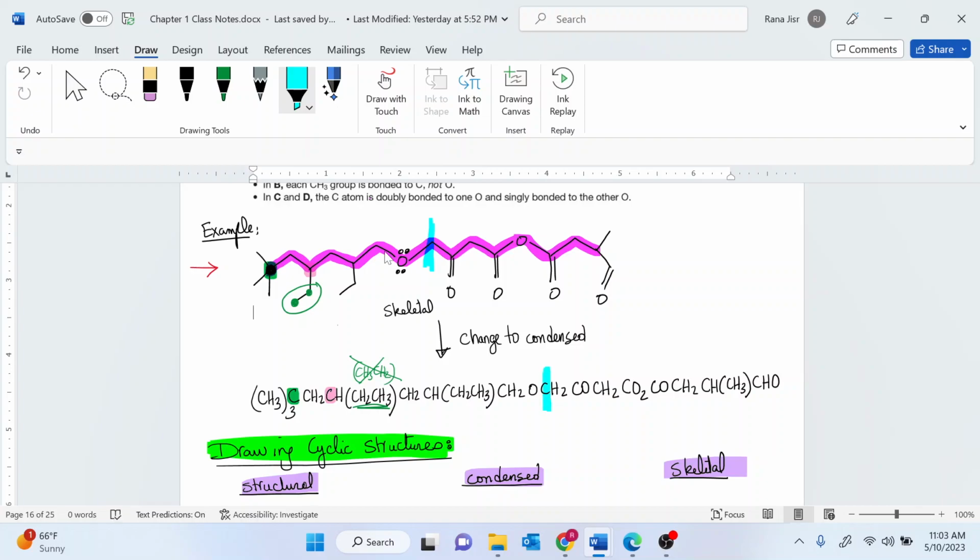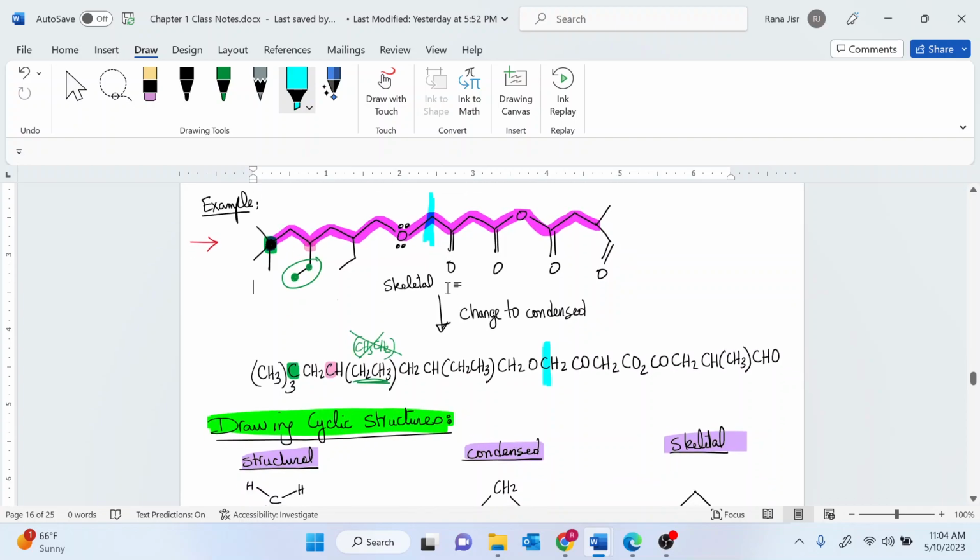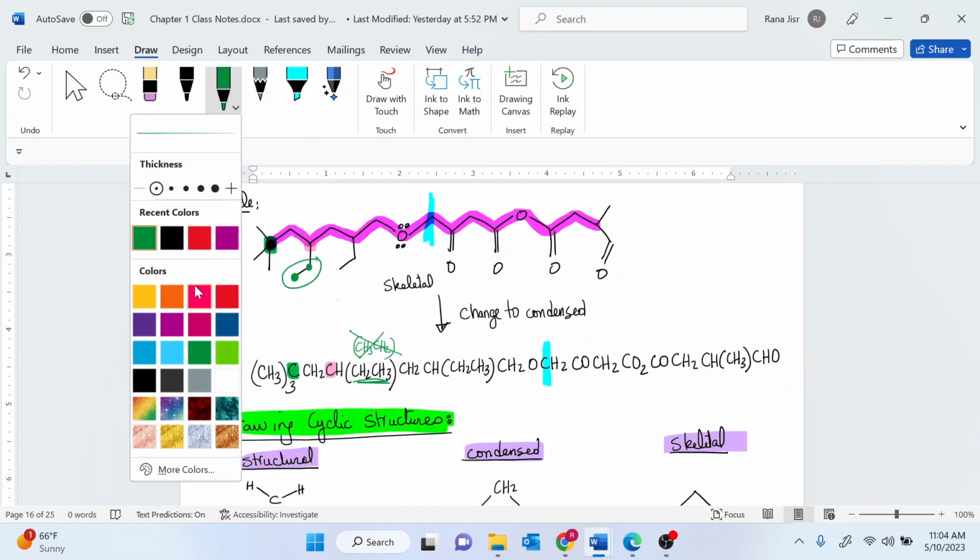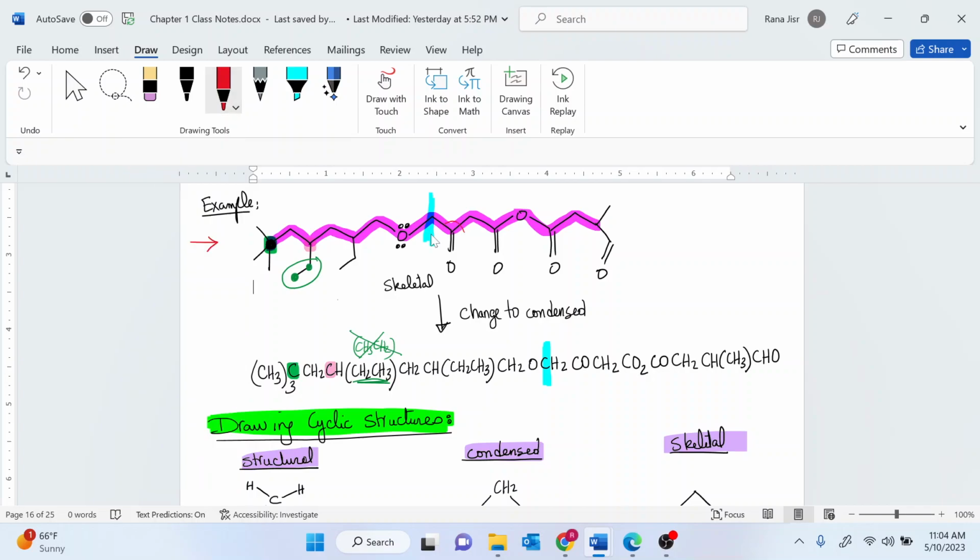Now, next to the CH2, I have a carbonyl. We agreed last time that we're going to represent carbonyls as COs. So this carbonyl here will be represented as a CO, a carbon and an oxygen. Next to it, there's a CH2, another CO.